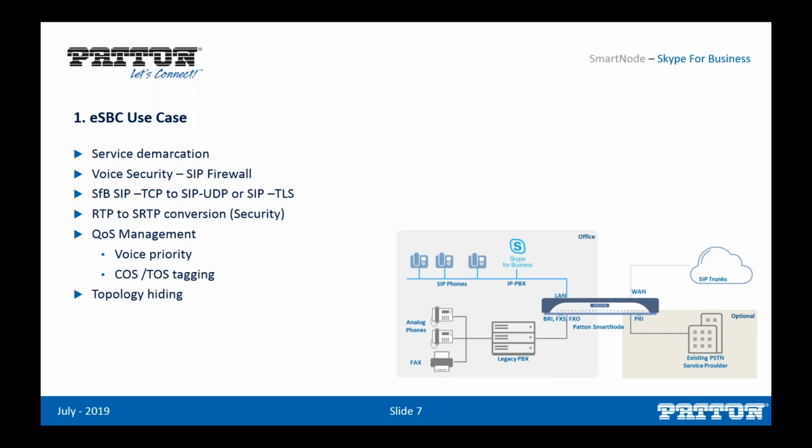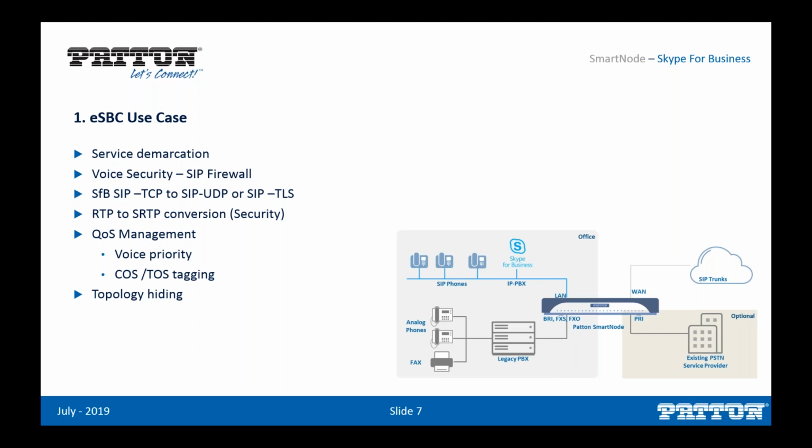The SmartNode SBC would encrypt all this signaling, but also RTP, on the WAN side, making the whole communication secure. On top of that, there is a QoS engine in all of our SmartNodes, capable of setting the priority on all the voice traffic. You can do tagging, for instance. So there are a lot of additional features making a great experience for your clients as far as voice quality is concerned.